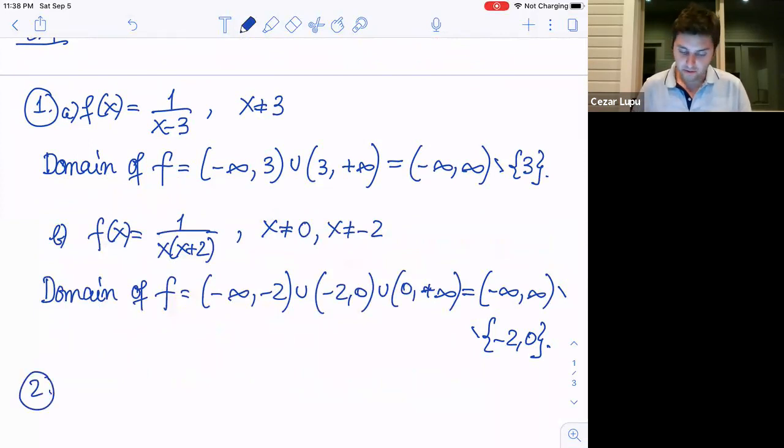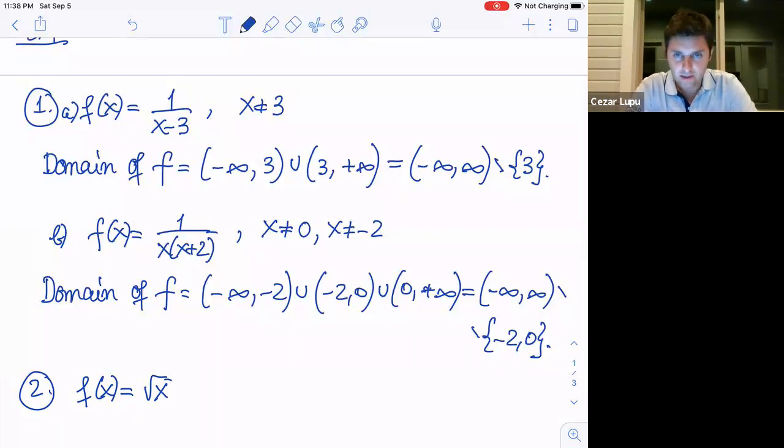Now let's see another function. The other function that I have in mind is not going to be a rational function like the previous 2. It's going to be the square root of x. Well, there is one thing that you need to know about this function, and we will use it over and over again throughout the semester.